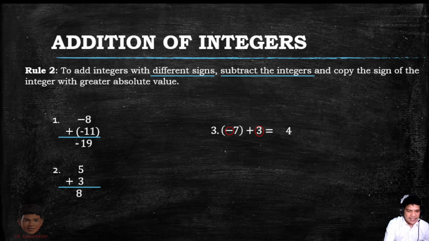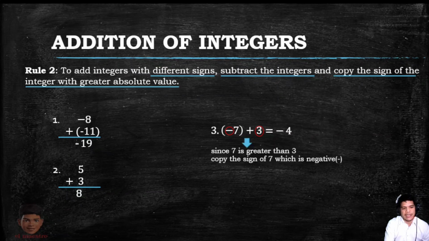Then copy the sign of the integer with greater absolute value. Which is bigger? Let's look at the absolute value. Since 7 is greater than 3, we copy the sign of 7, which is negative. So that is what we copy. So our answer now is negative 4. That is the only difference between them.